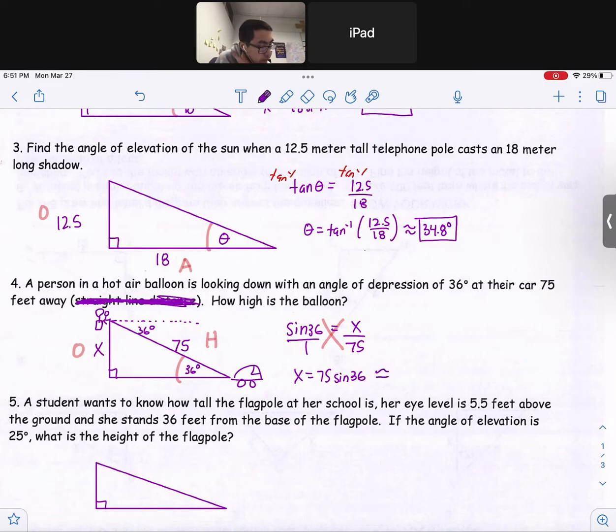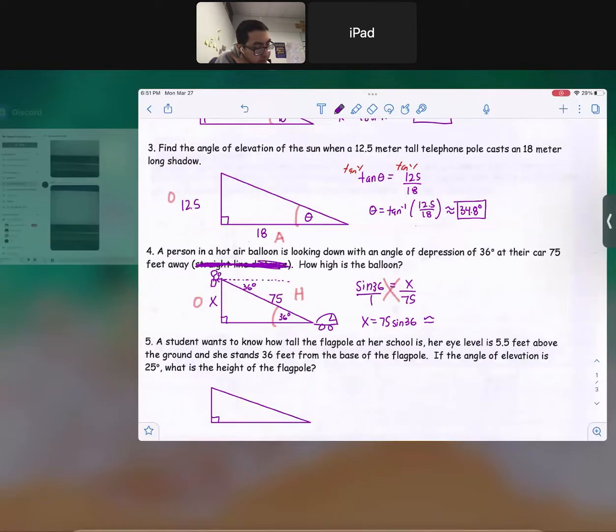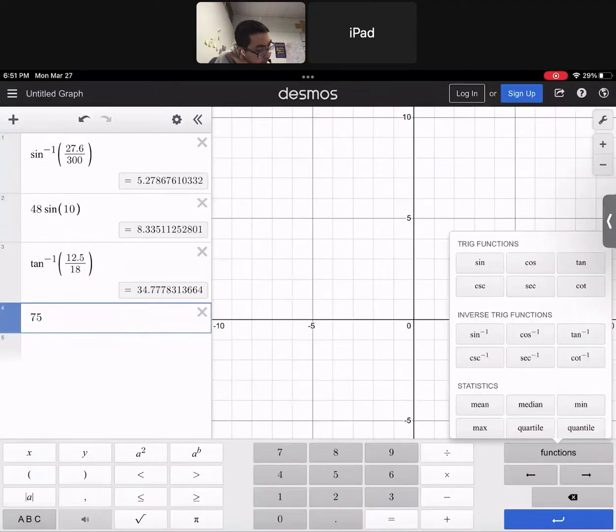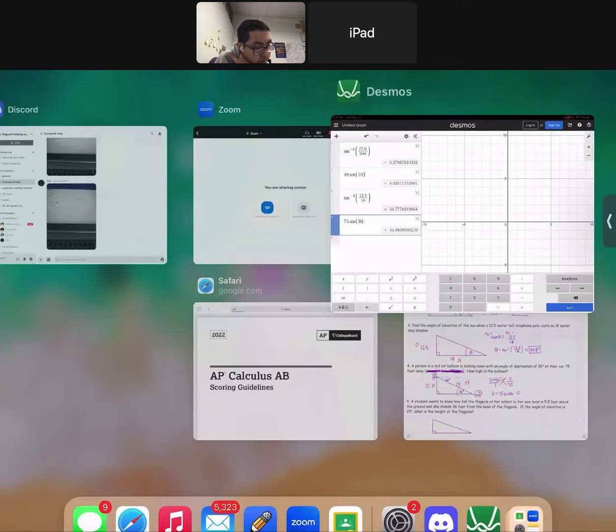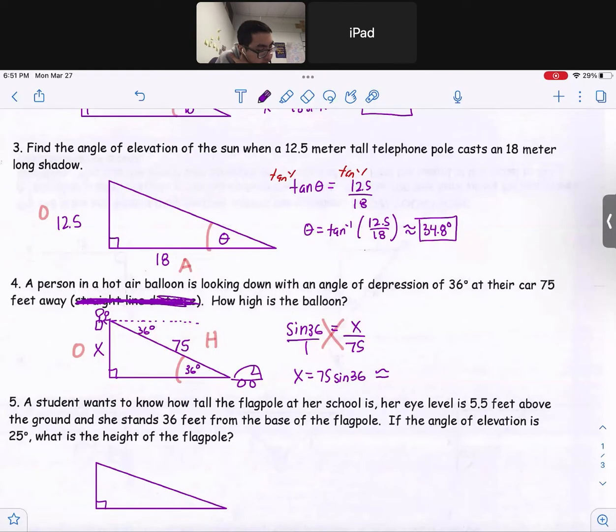When we estimate this, 75 sine of 36, that's 44.1. That's how high the balloon is off the ground. In units, it is feet. 44.1.